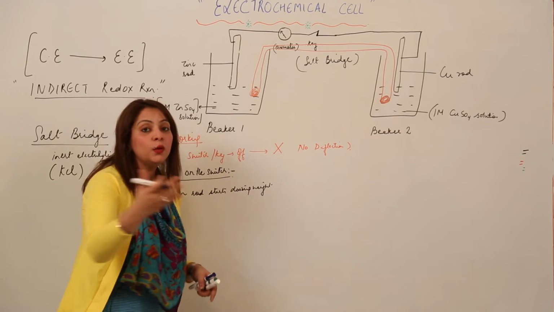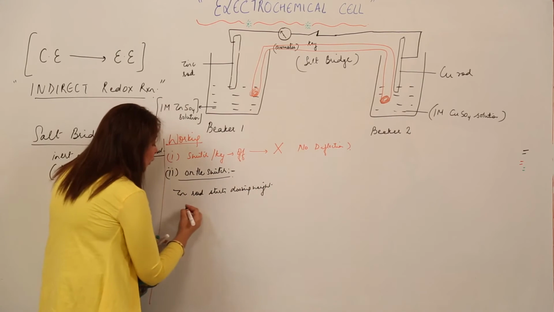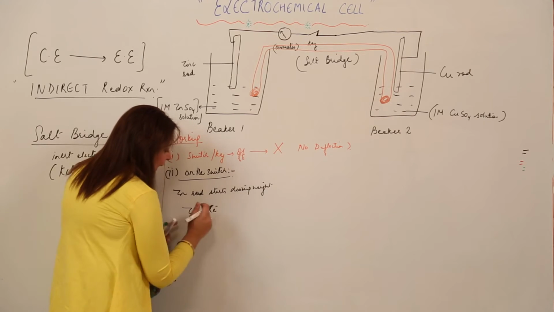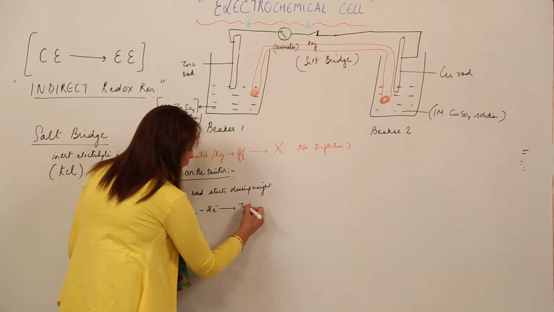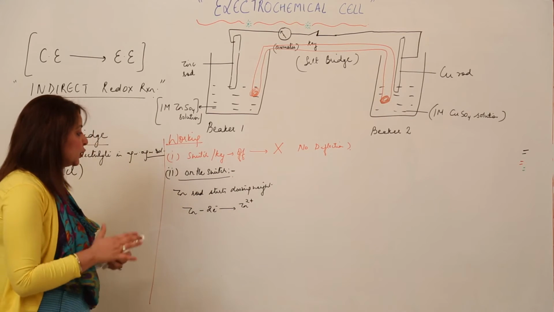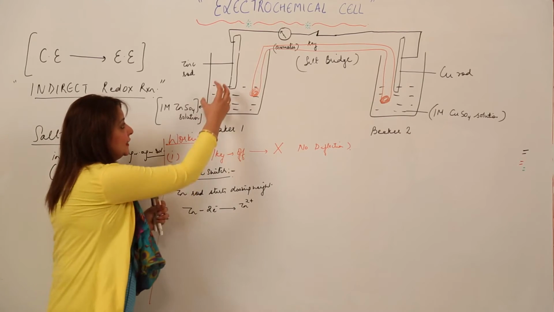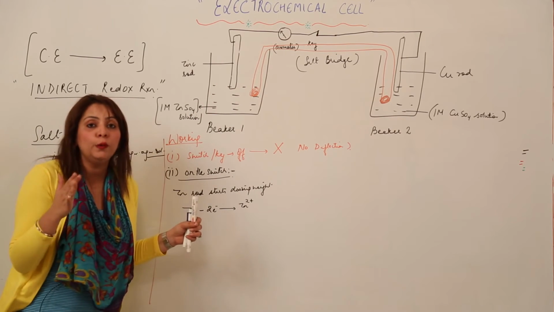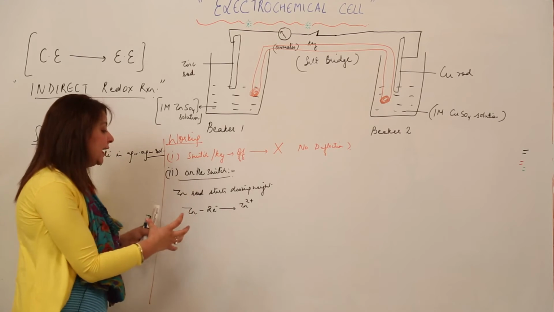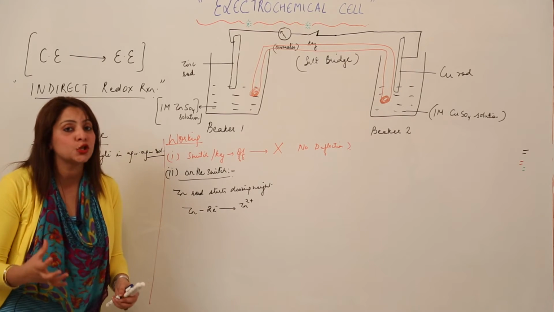Why is it losing weight? Because it is undergoing oxidation. The zinc atom is losing its 2 electrons and forming zinc ions, Zn2+, right? So the zinc rod has started losing its weight because it gets converted into ions, and along with that it produces electrons.